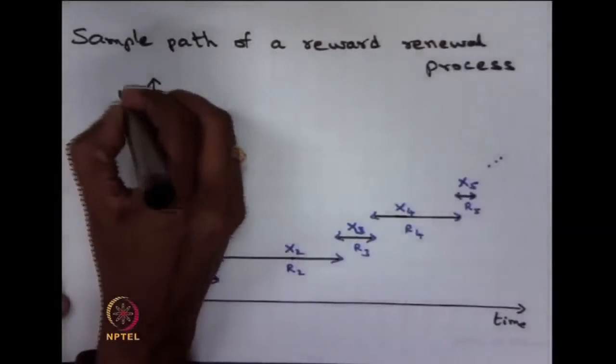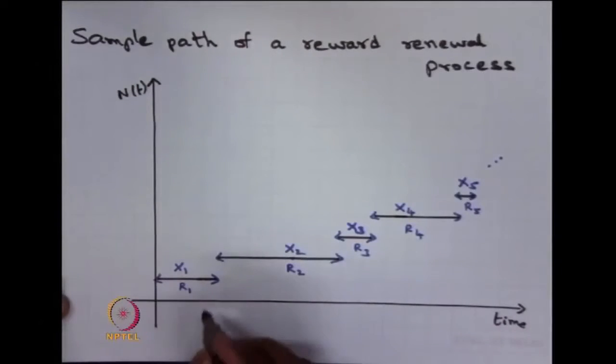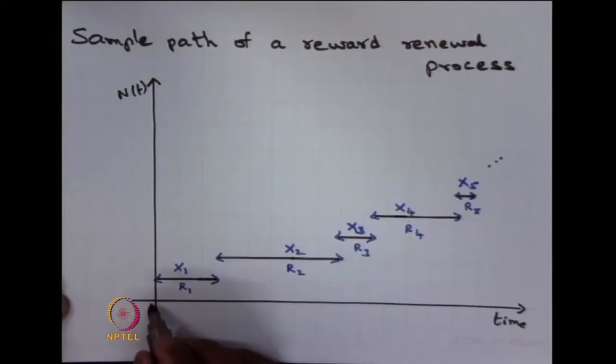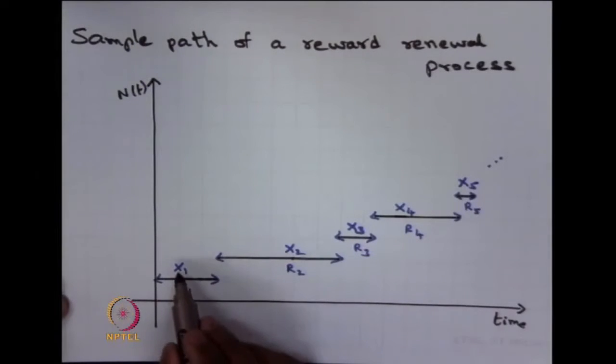See the sample path of a reward renewal process. The x-axis is the time, the y-axis is N of t, and these are all the time points at which the renewals take place. The first renewal takes place, then the second renewal, and so on. So this is the inter-arrival time, and we attach the reward Ri to each Xn.